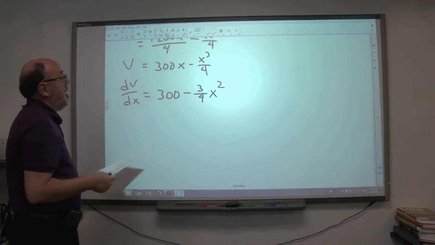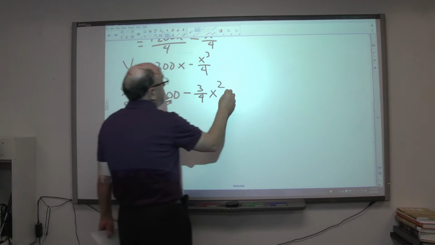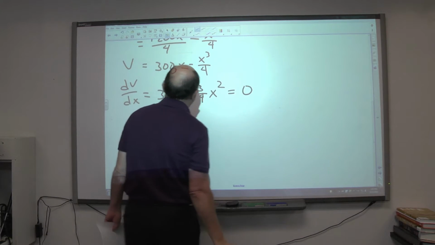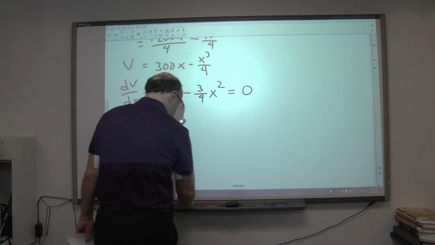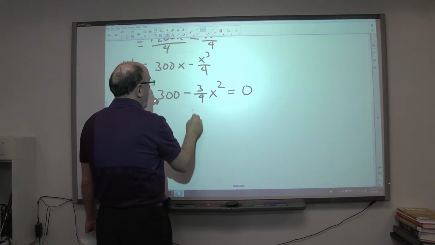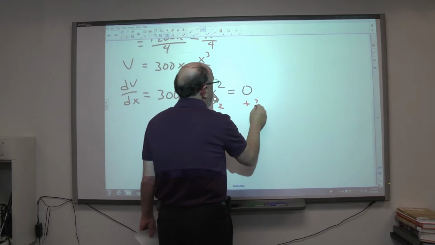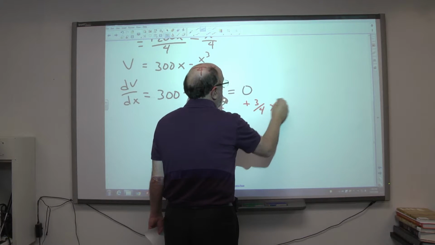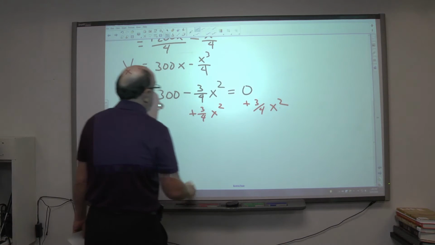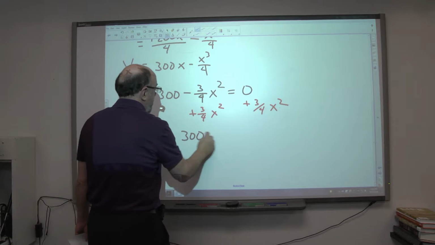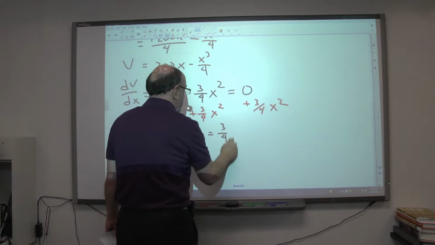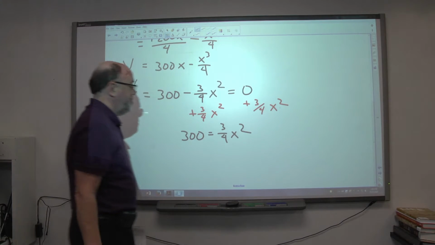We then want to take that and set this equal to 0. And so let's bring the x squared over. So add 3/4 x squared. So 300 equals 3/4 x squared.